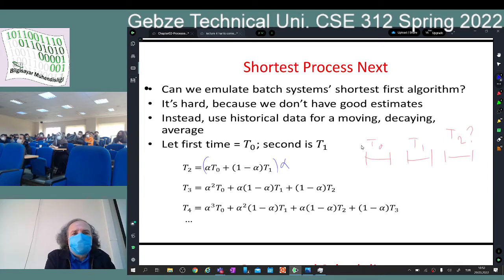So it's called taking the running average of the quantum times or the CPU usage times.